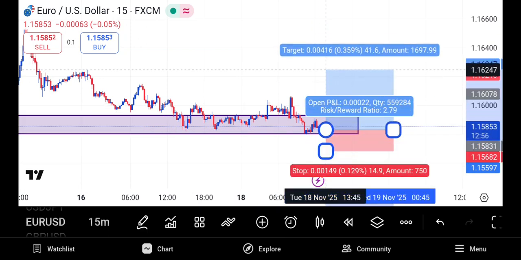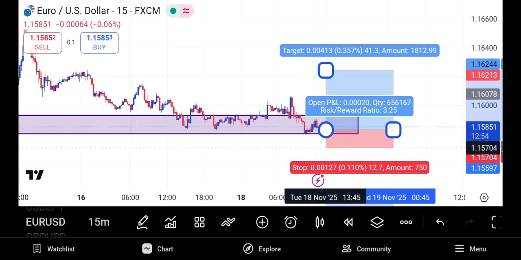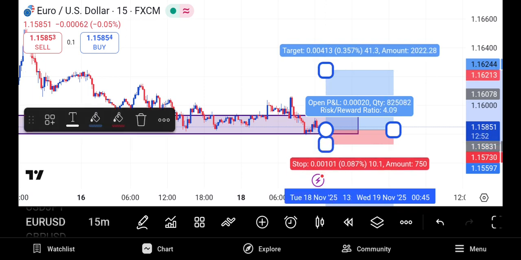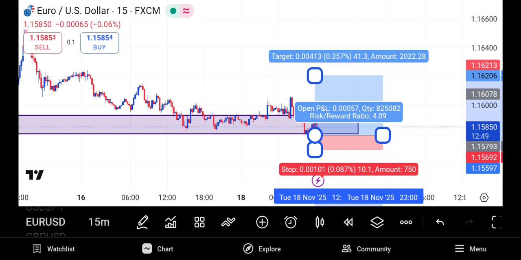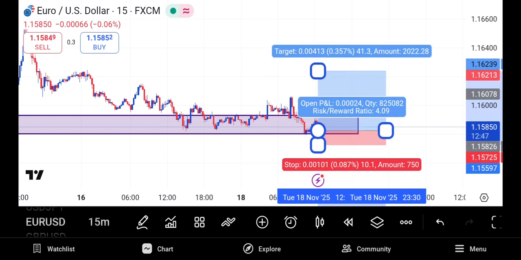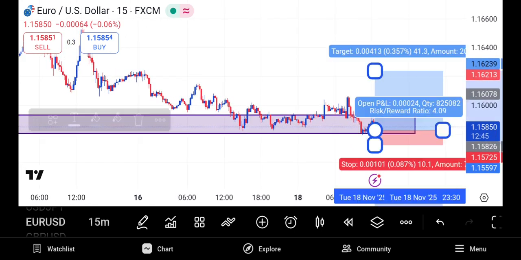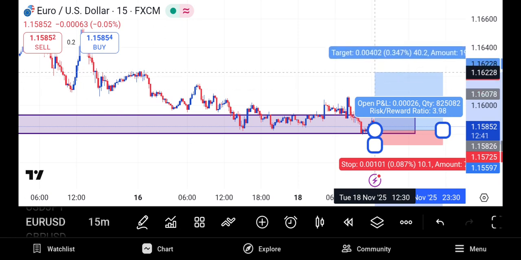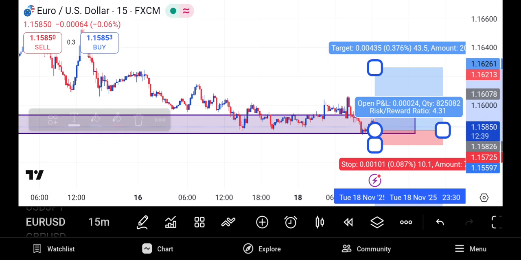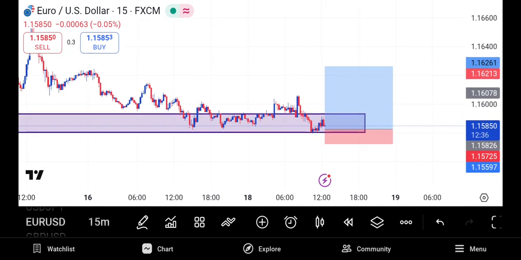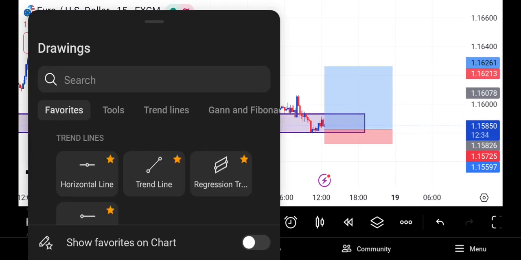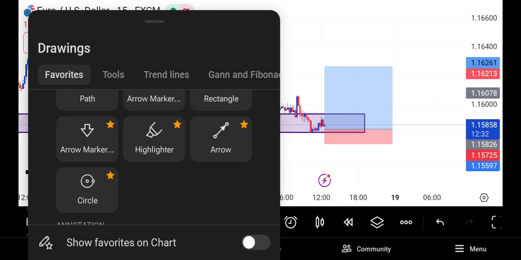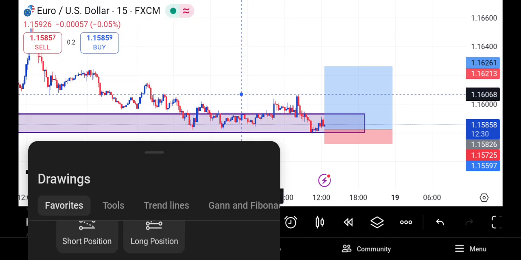We're gonna target that previous high, and our stop loss is gonna be right under our support zone. So take profit, we're gonna target our last high or our recent high. So this is what we're looking at, and this is how we expect the market to play out.